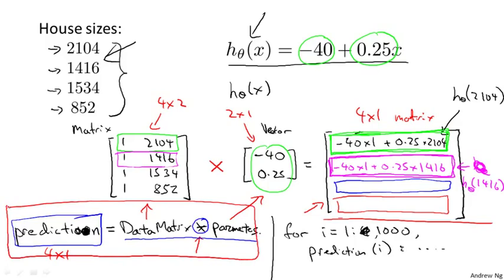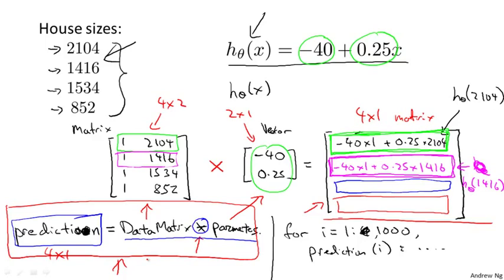By writing code in this style on the left, you not only simplify the code, because now you're just writing one line of code rather than a for loop with a bunch of things inside, but for subtle reasons that we'll see later, it turns out to be much more computationally efficient to make predictions on all of the prices of all of your houses the way on the left than the way on the right, if you were to write your own for loop. I'll say more about this later when we talk about vectorization. But by posing prediction this way, you get not only a simpler piece of code, but a more efficient one.